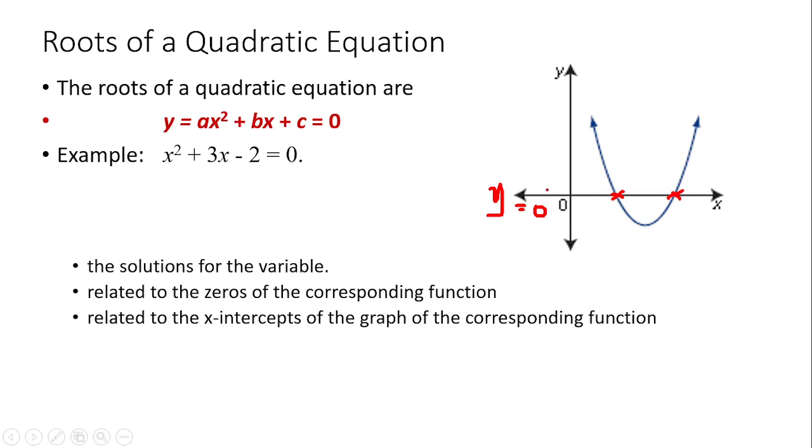If you were drawing a line, it would touch the x-axis at only 1 point. Now, because it is a curve, it's going to touch the x-axis at 2 points.